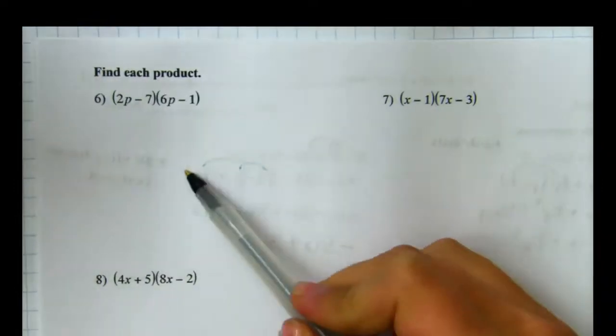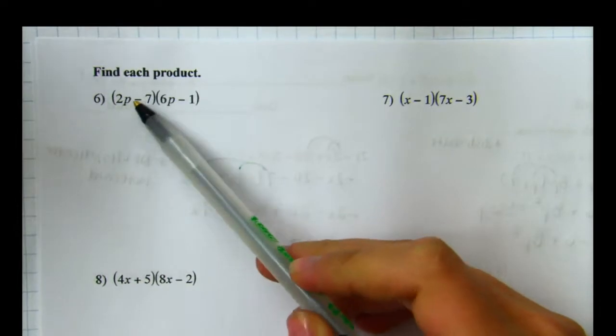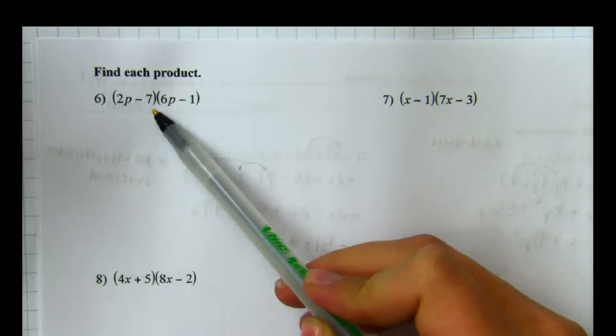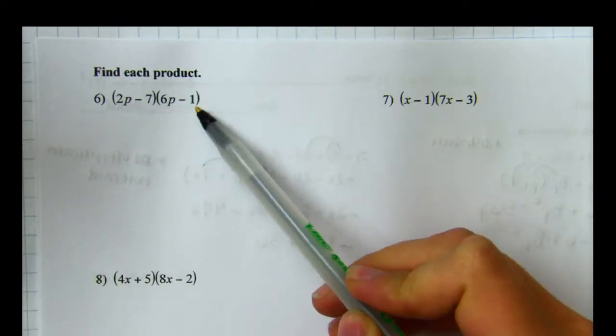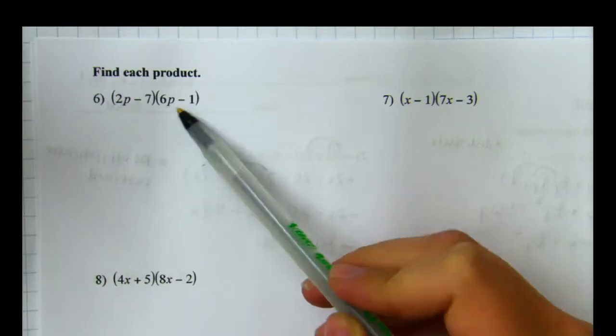Okay, let's go along to the back page, looking at number 6. So I'm finding each product, meaning that, well, what operation is in between this term in parentheses and this term in parentheses? Multiplication, that's right. So I've got to multiply these two terms together.